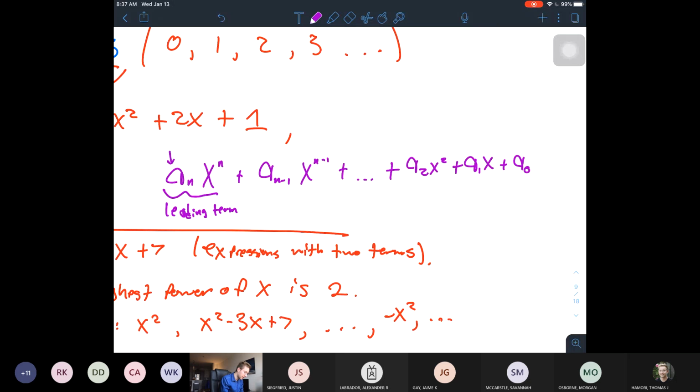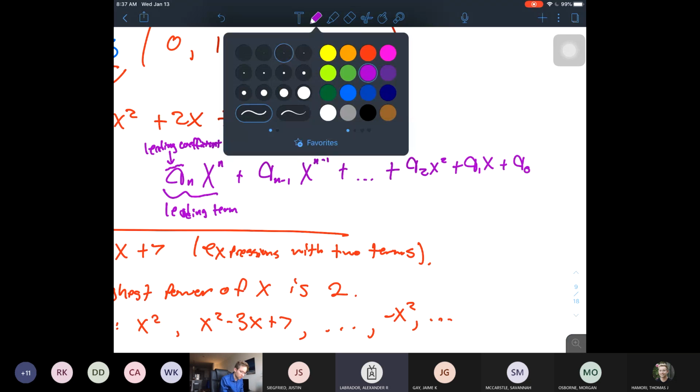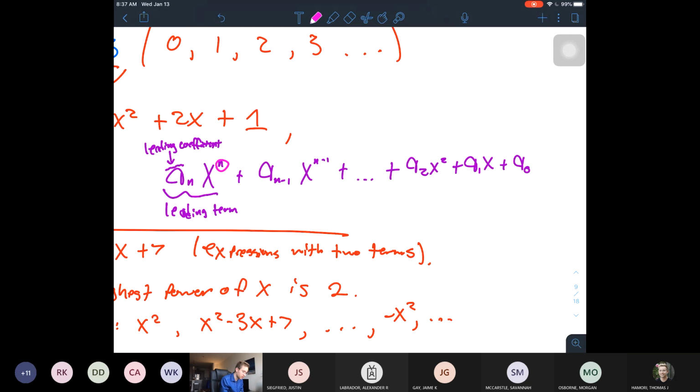And we'll call this a_n, we will call that the leading coefficient. And we will call this power n, the largest power n, we will call that the degree.